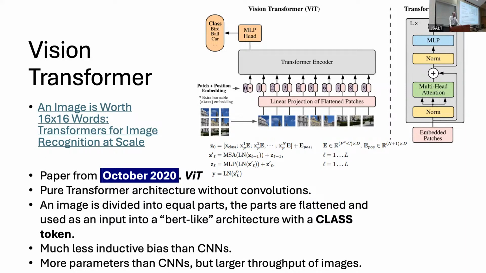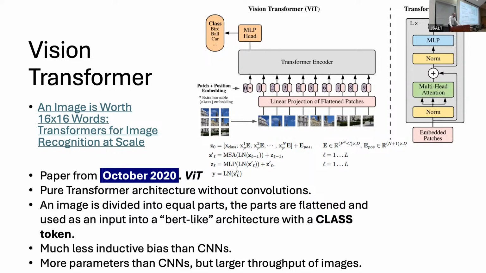Then we add this class token, which is very familiar for everyone who is using vision transformers or even text transformers to classify, for example, text into domains. You just do the encoder part; you do not need to decode anything. Then you have this multi-layer perceptron head on top of the class token, which ends up with a classification layer that has as many neurons as you have classes. So this is really simple.